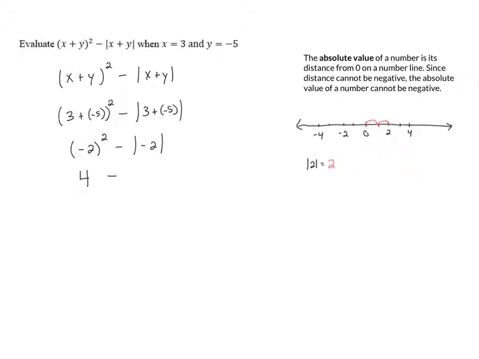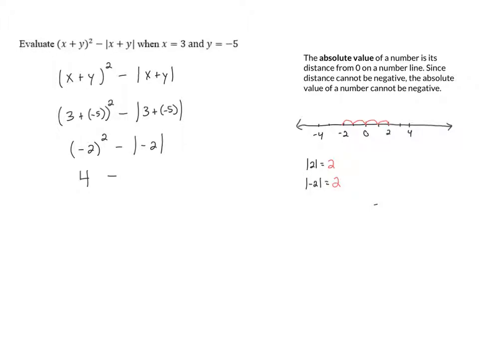If we wanted to look at the absolute value of negative 2, for example, then that's asking how far away negative 2 is from 0 on the number line. And we can see that that distance is also 2. So the absolute value of negative 2 is also 2. The shortcut that students usually recognize is that if we're taking the absolute value of a positive number, the answer is just that number itself.